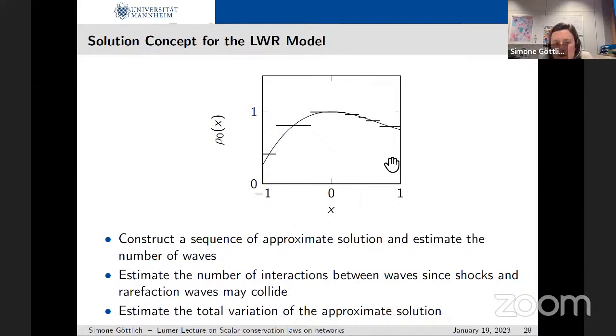So meaning that we really construct a sequence of approximate solutions where we know that these might be either shocks or rarefaction waves. And this helps to do the following. We can estimate the number of waves, and we can also estimate the number of interactions between these waves, since they might collide as time evolves. And what's very important now in this procedure of wavefront tracking is to estimate the total variation of the approximate solution.